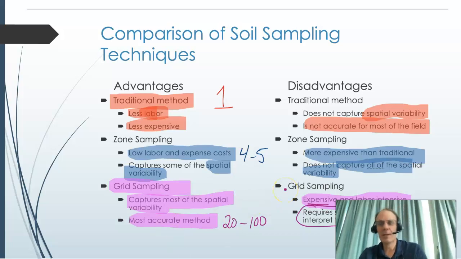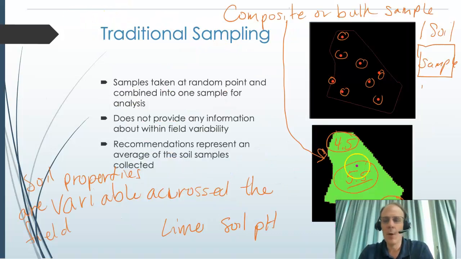But the advantage of site-specific soil sampling, that which we do in zone sampling and grid sampling, is we have the potential for reducing soil degradation because we will be applying the correct input based on the sample results to the correct area. For example, if we go back to our original map here, we mentioned the changes in soil pH. Traditional sampling does not measure those changes in soil pH.